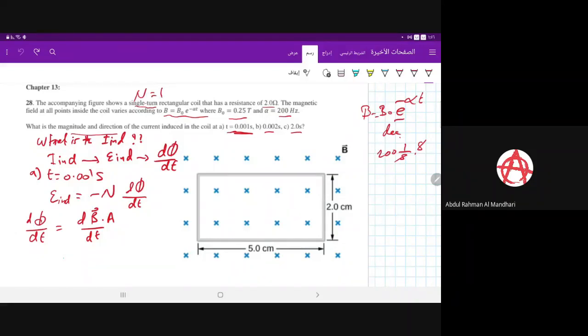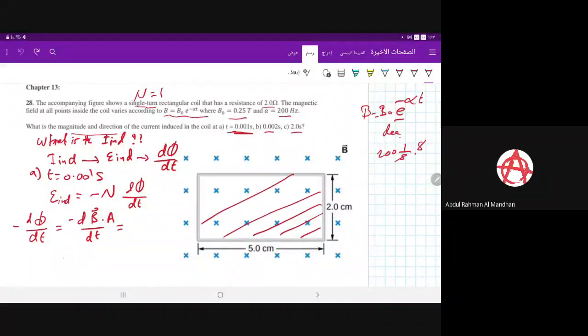So there is no n here, but there is a minus sign, so we have to keep the minus sign there. Now what is changing? What is going to change now? As we agreed, it is the B. But A is constant, because A is this area here.